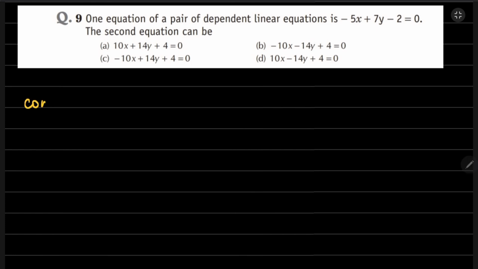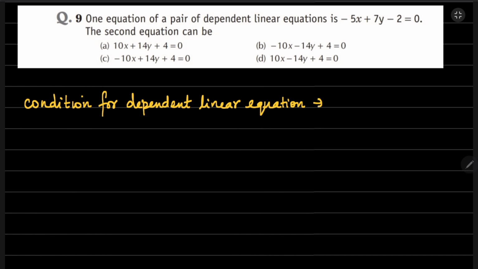Always remember, the condition for dependent linear equations is nothing but the same as that of the coincident line.